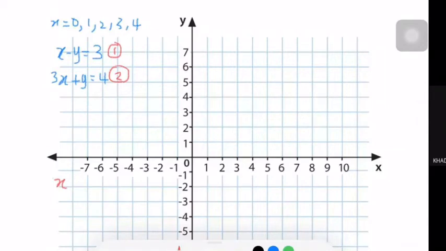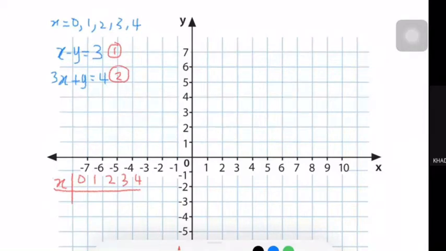Okay, so values of x, cikgu nak guna 0, 1, 2, 3, 4. Dan values of y, ini untuk first equation ya. The equation is x minus y equals 3.